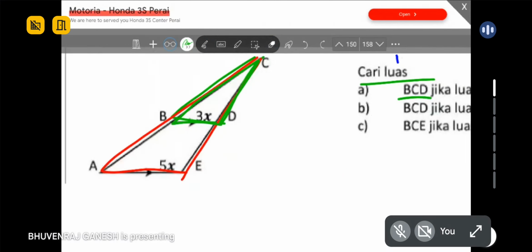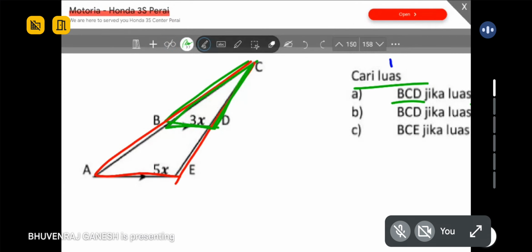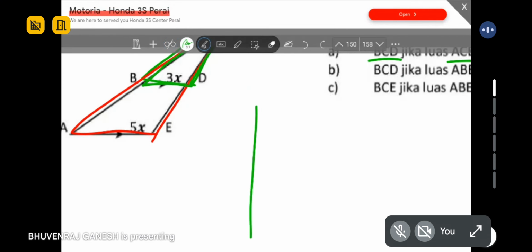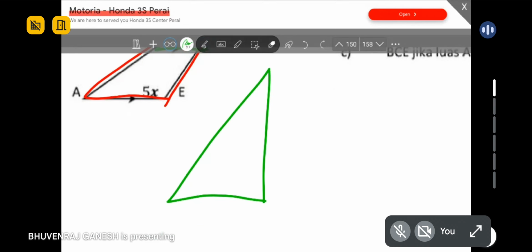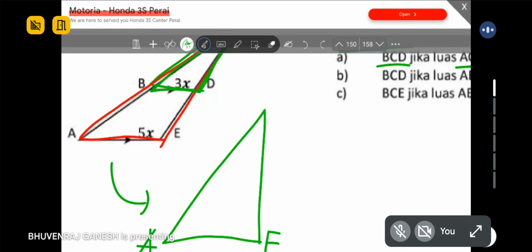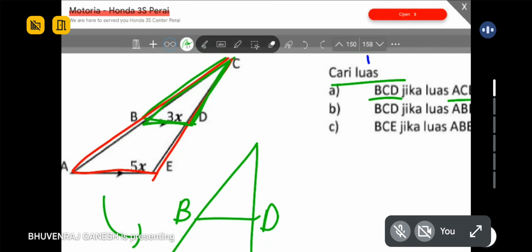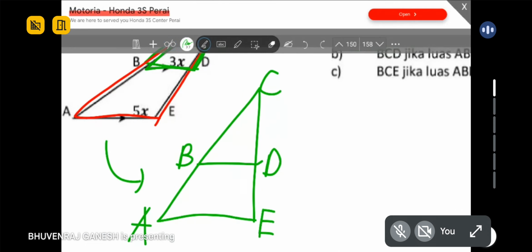First step, you can draw the triangle straight, so that it is easier for you to understand. If you draw it straight, it makes sense. You can tilt it a bit. So you will get something like this, B, D, and then C. This one is 3x. This one is 5x.